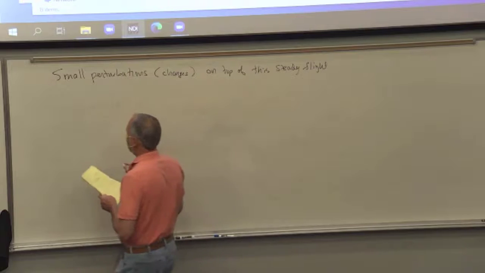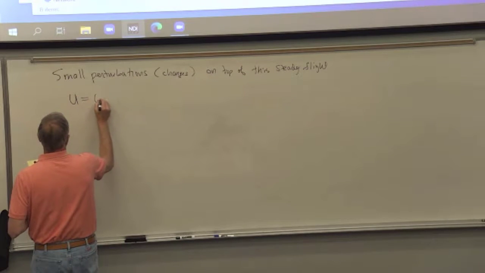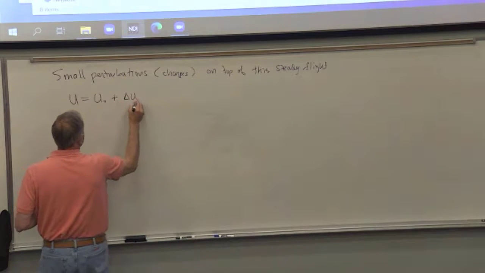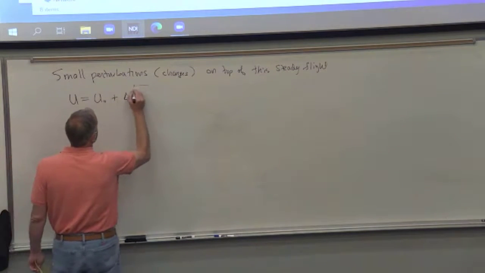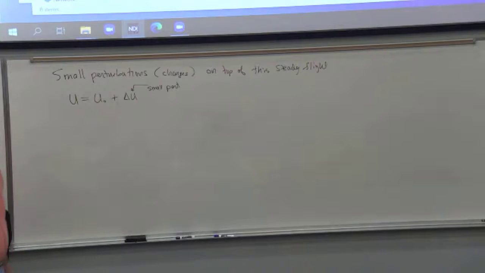So we're going to say, okay, our total forward velocity is the steady state part plus some change. And so this is going to be the small perturbation. The airplane may speed up 1 foot per second or slow down 1 foot per second, something like that. And that can change with time.